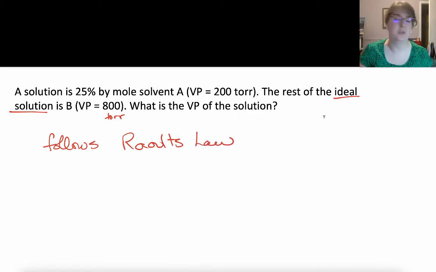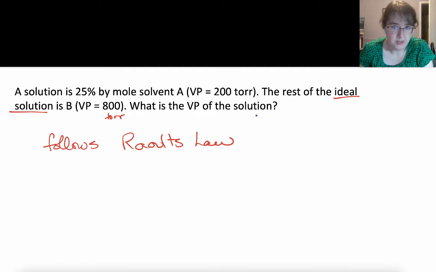Ideal solution just means that these do actually mix together. They have similar intermolecular forces, delta H of solution should be pretty close to 0, and they should mix together beautifully. This is not an oil and water situation where one's hanging out on top of the other. These blend together, they're miscible in each other, and mix together very well.